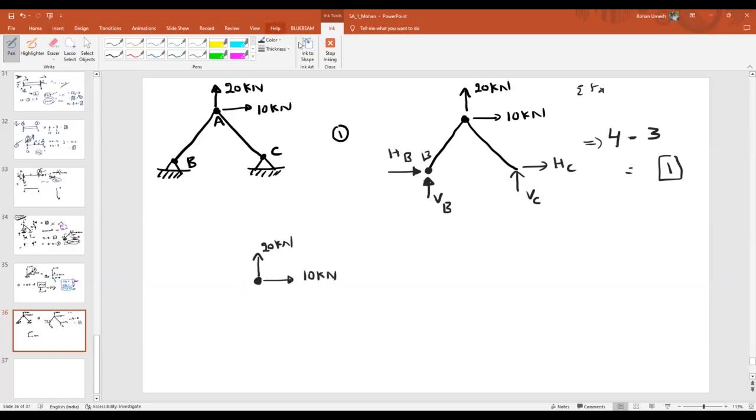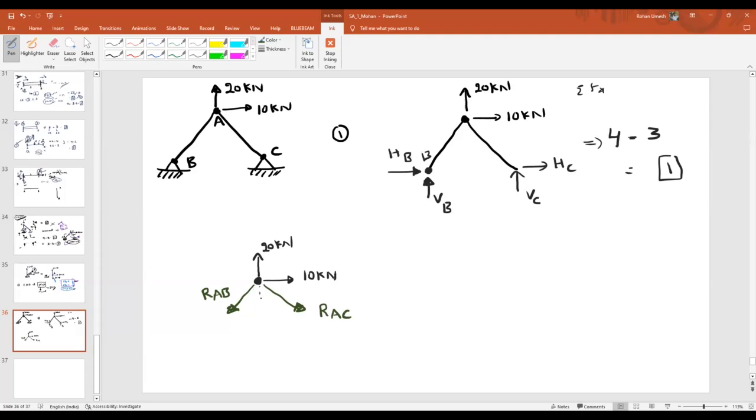Any other forces will exist? We don't know the forces in AB or AC, right? So I will remove the members and represent this as the internal force generated in member AB, and this as the internal force generated in member AC. Do you guys agree with this?